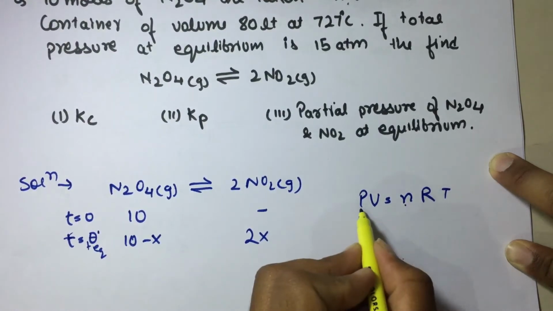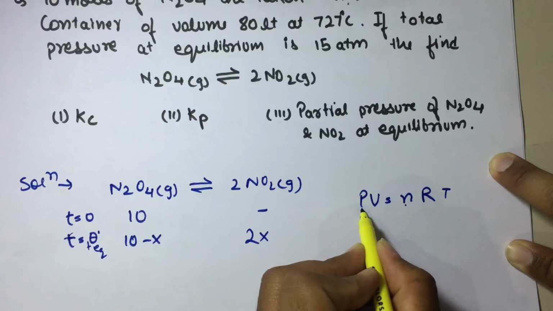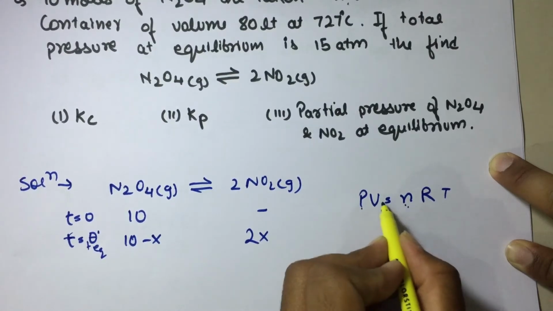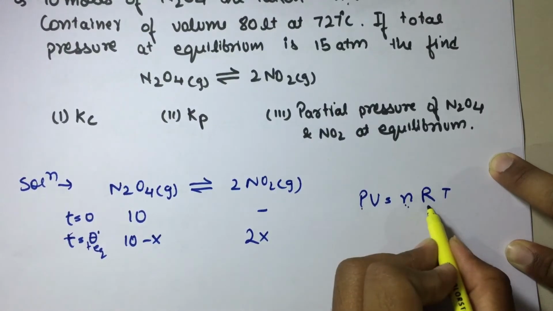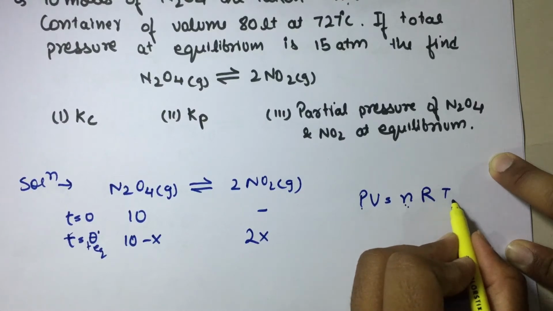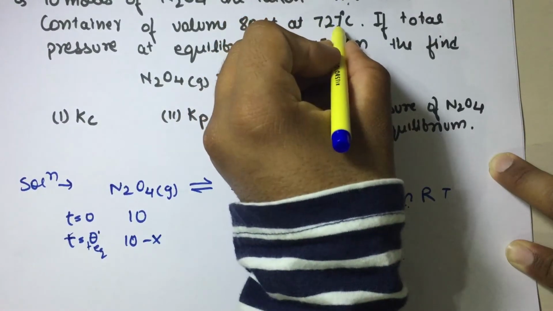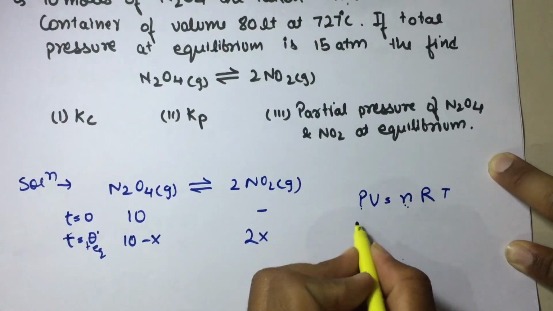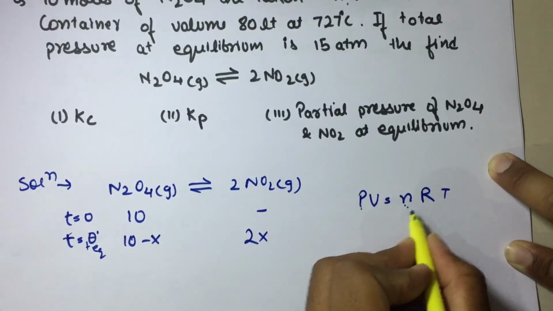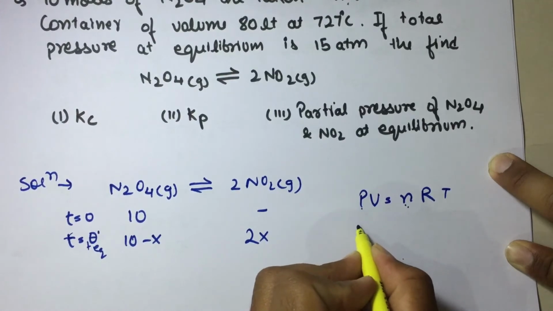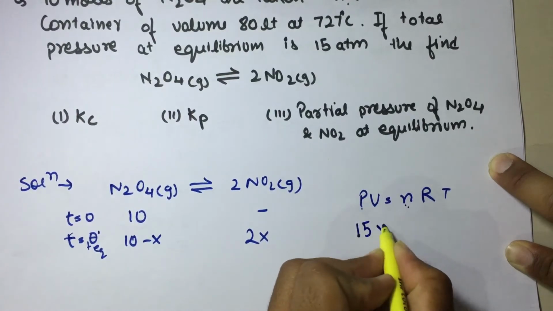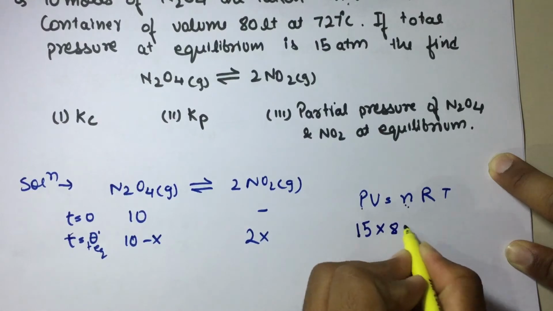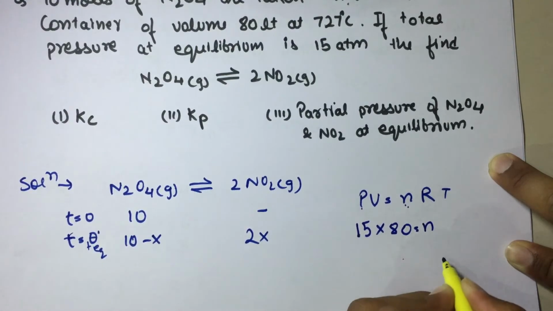Now we find the total number of moles from this equation. Because we know the total pressure at equilibrium, we can easily find the number of moles at equilibrium. Volume is also given in the question. R is a constant, we know it, and T is 727 degrees Celsius, which we have to put here in Kelvin. So let's find the total number of moles. Pressure is 15 atm, volume is 80 liters, and the number of moles we have to find.